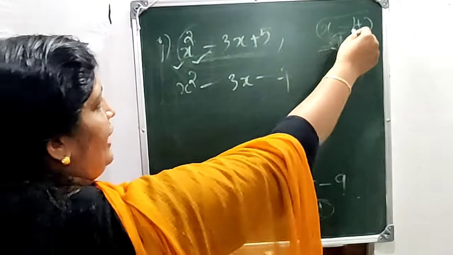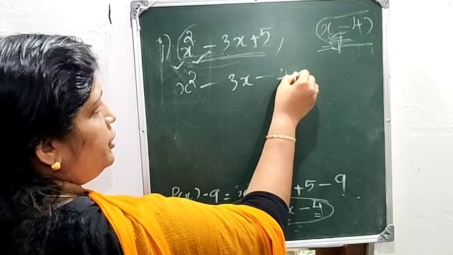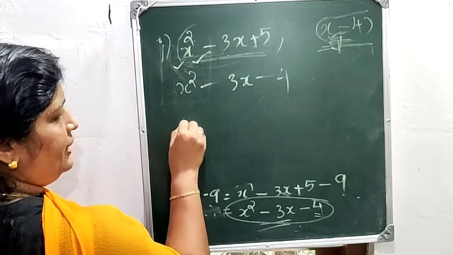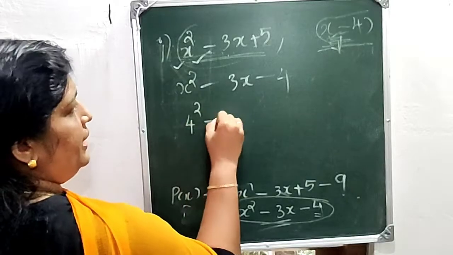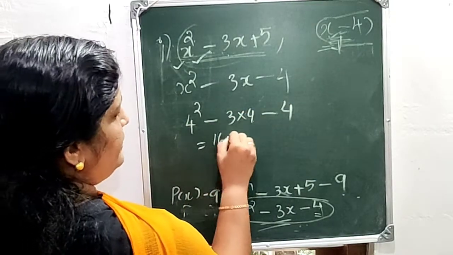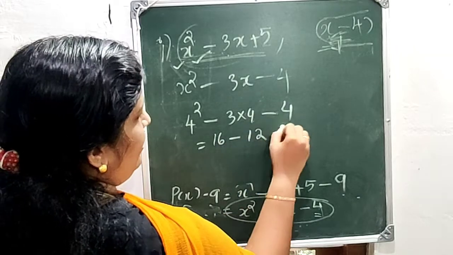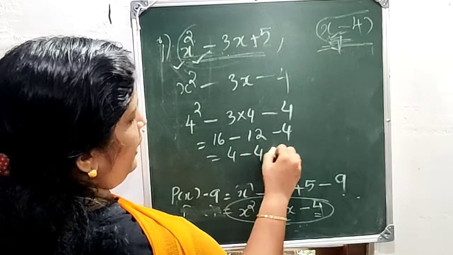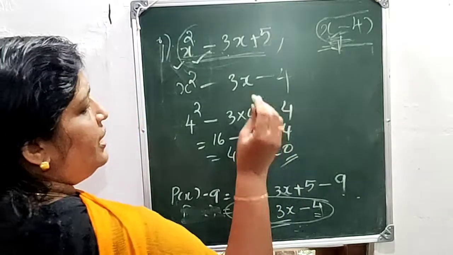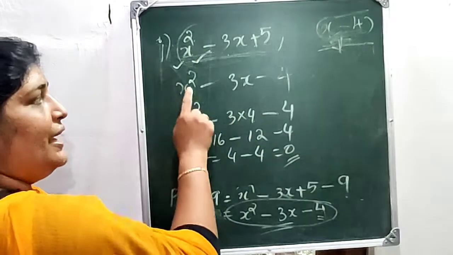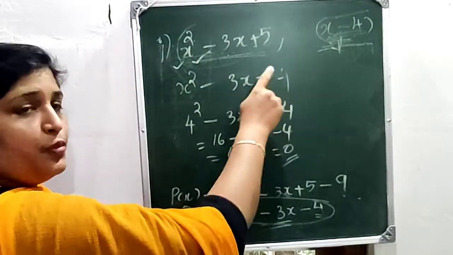If x minus 4 is a factor, p of 4 is equal to 0. That is 4 square minus 3 into 4 minus 4, that is 16 minus 12 minus 4. 16 minus 12 is 4, and 4 minus 4 is equal to 0. So x minus 4 is a factor of the polynomial x square minus 3x minus 4.